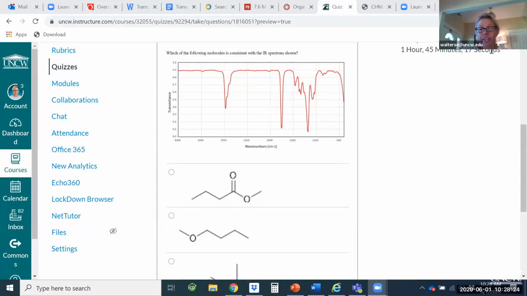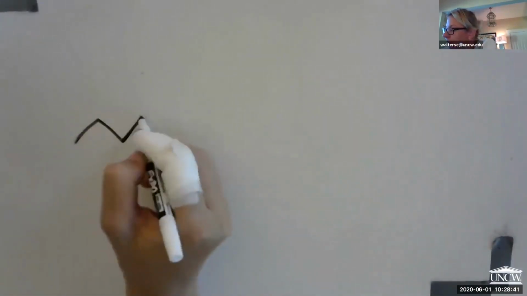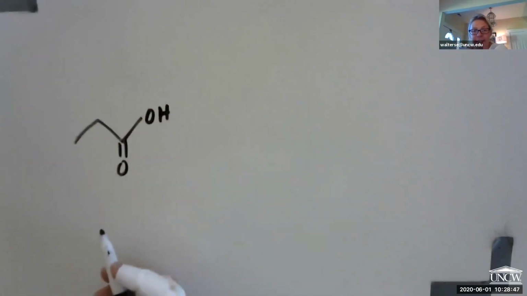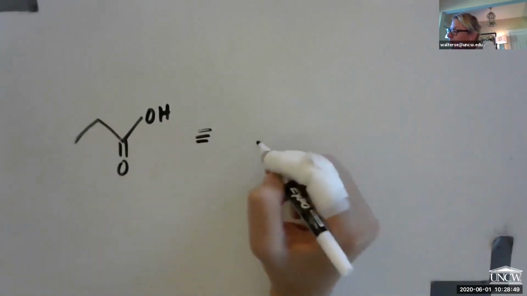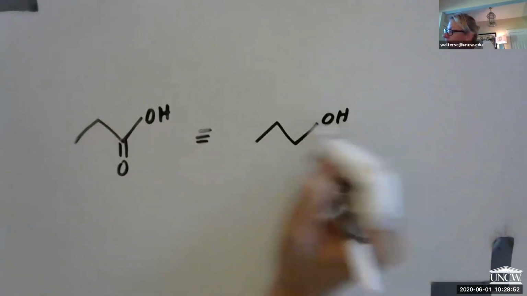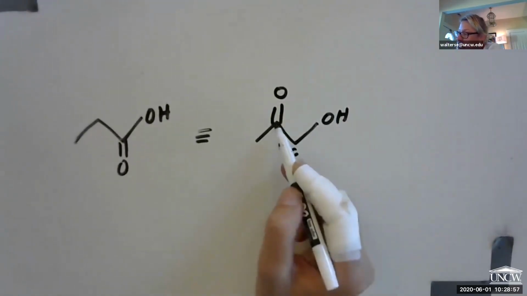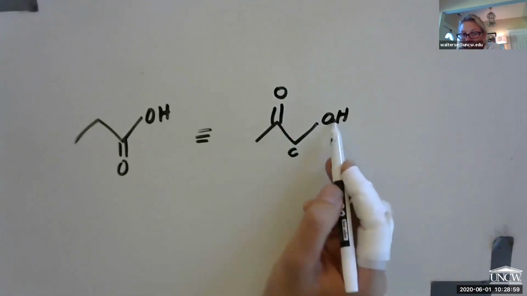Now, the other thing that you have to be careful with, let me switch my screen real quick. If you have a carboxylic acid like this, that's not the same as this, because this has a carbon that is between the carbonyl and the hydroxide.